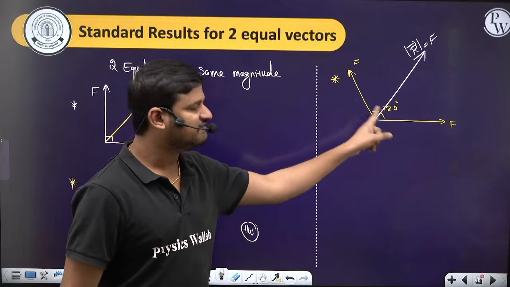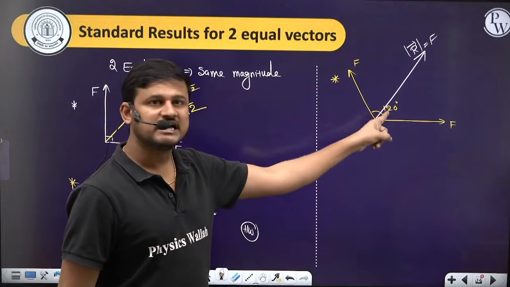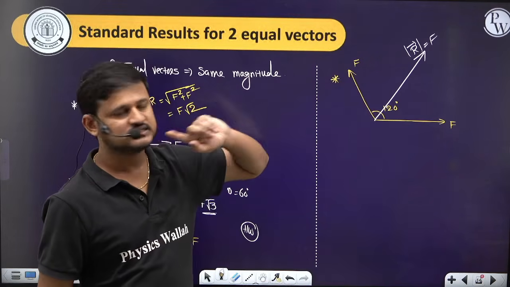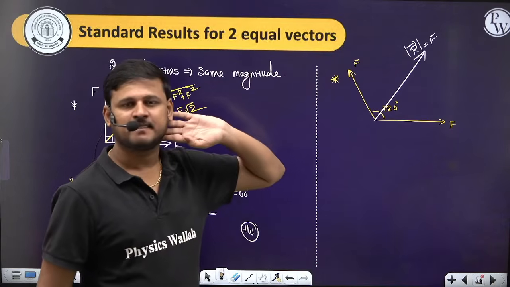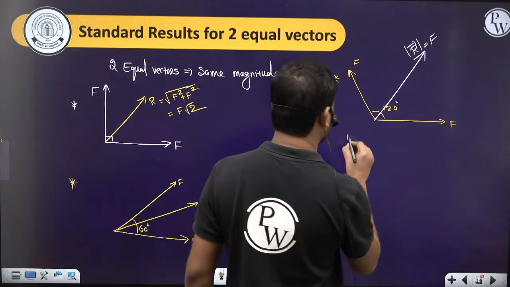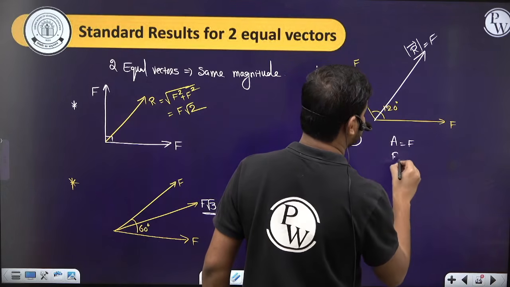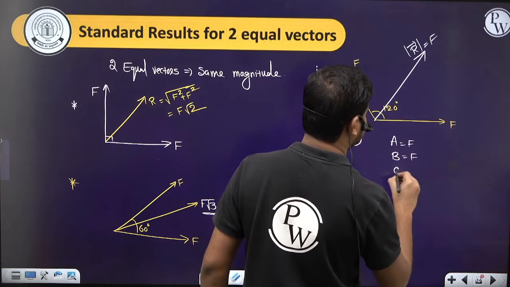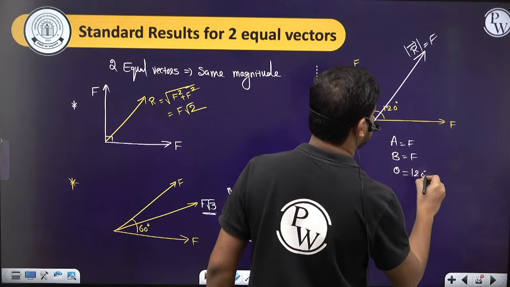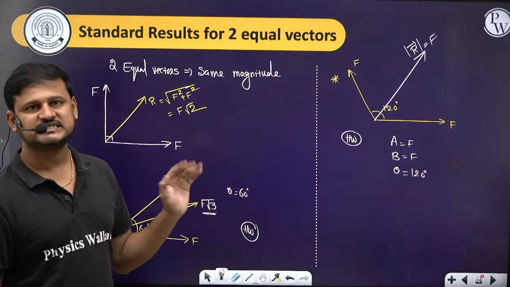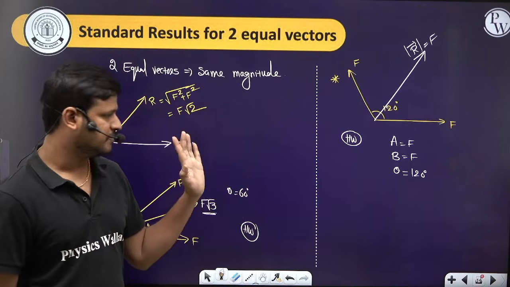Two vectors having the same magnitude and the angle between them is 120 degrees, then the resultant is going to be the same, equal to this. This also you do as a homework. How do you do it? Just take A equal to F, B also equal to F, and theta equal to 120 degrees. You just calculate this one. So these are the three standard results everyone should remember.